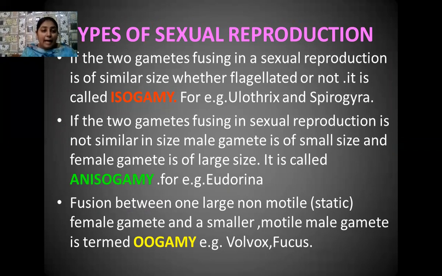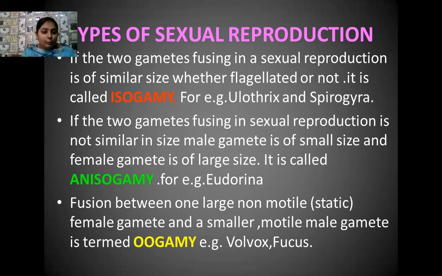If the two gametes fusing are not of similar size, that is, the male gamete is small and the female gamete is large, such sexual reproduction is known as anisogamy. An example of anisogamy is Eudorina.